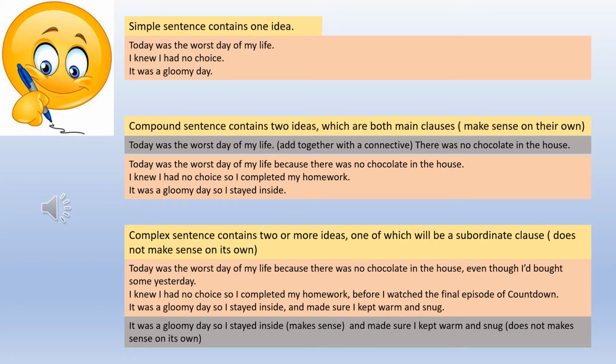And number 3, complex sentences, which is however many ideas that you like, 2 and beyond, where you then control those different elements of that sentence through using connectives to add your ideas together, and through using punctuation to allow your reader to take a breath and understand the sense of what you are writing much more easily.